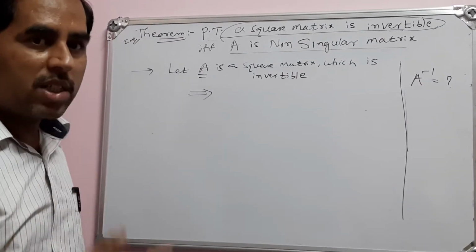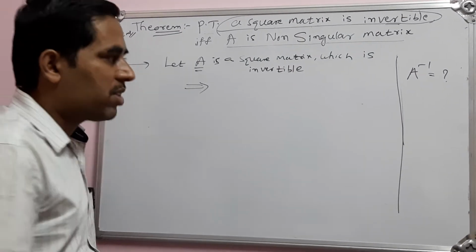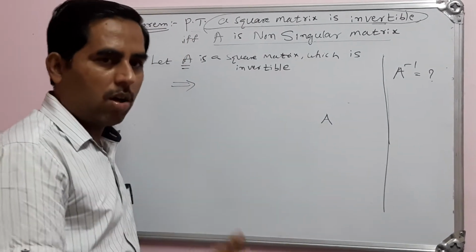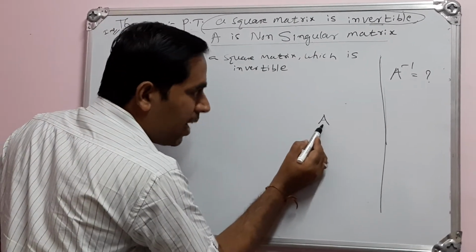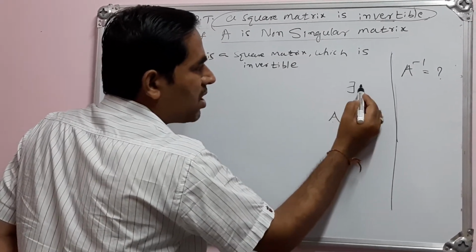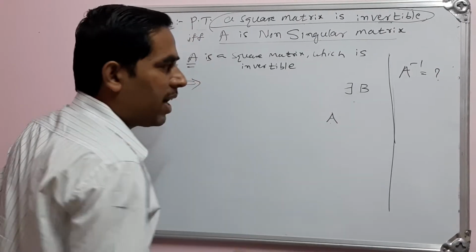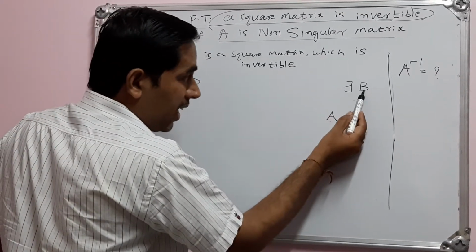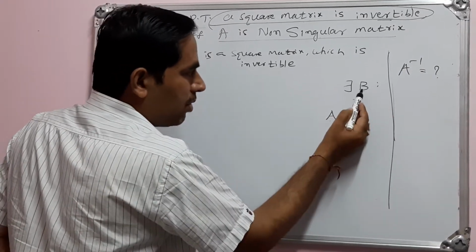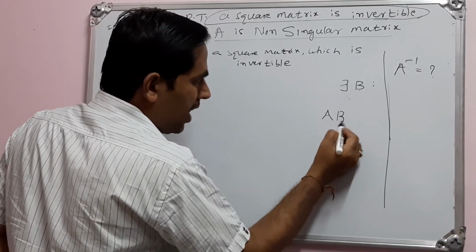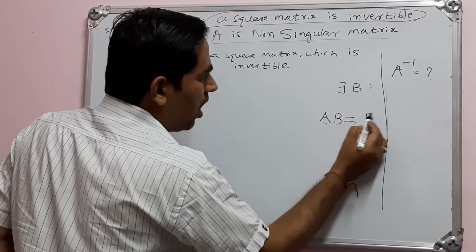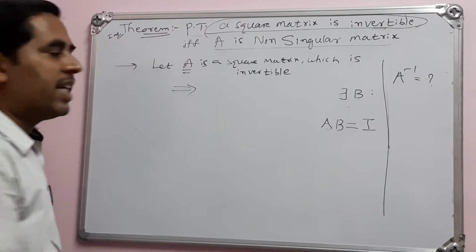In our previous classes on matrices, we have said that if A is a square matrix of order n, to say that this matrix has an inverse, the condition is that there must exist another square matrix of the same order, say B, such that the product AB gives us the identity matrix.